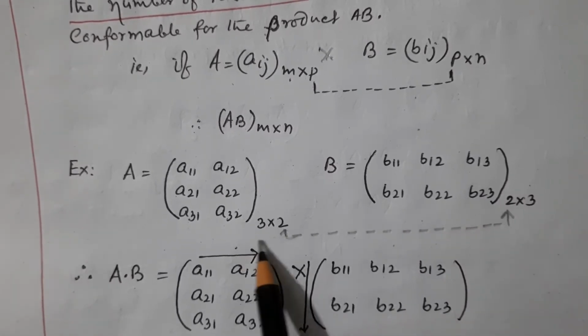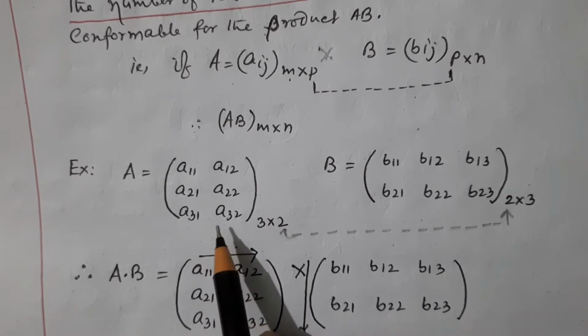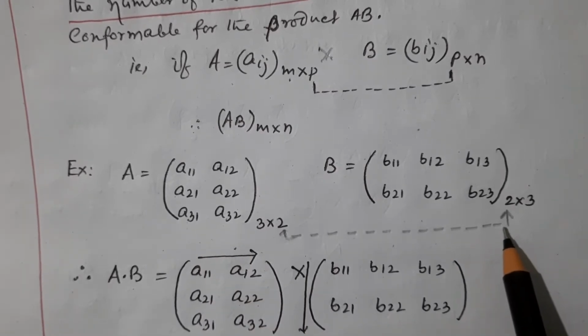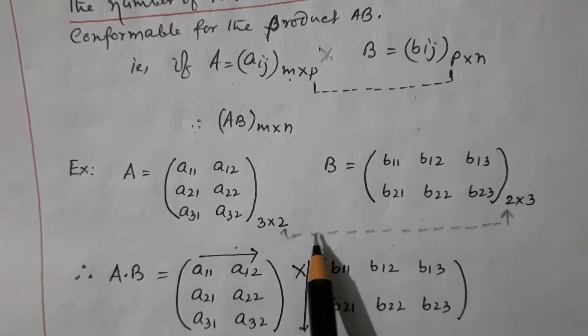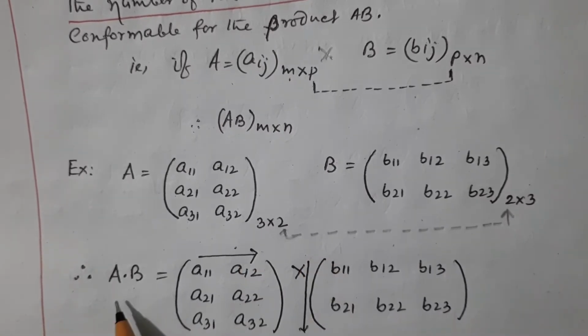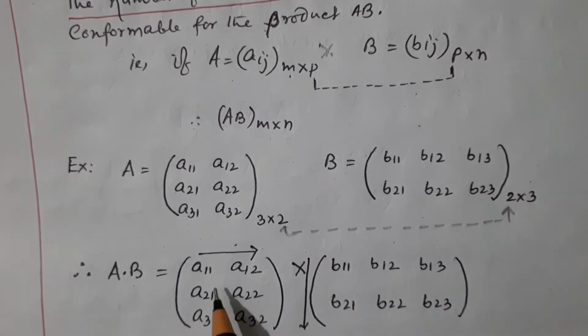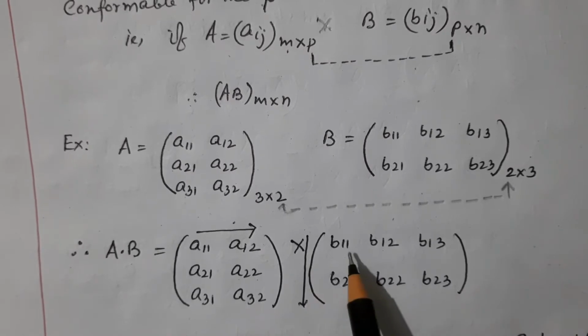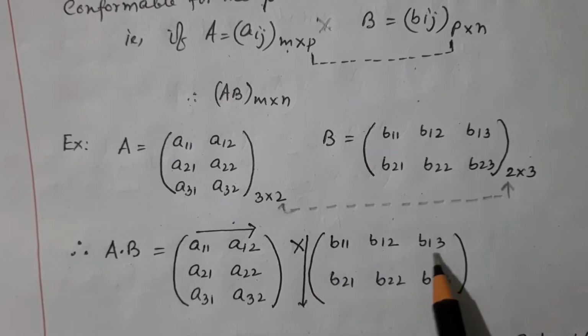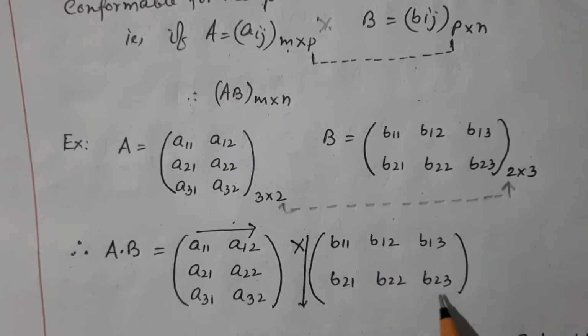Here the number of columns of matrix A is equal to the number of rows in matrix B. Therefore the product is conformable. Therefore we can get AB, that is A11, A12, A21, A22, A31, A32 into B11, B12, B13, B21, B22, B23.